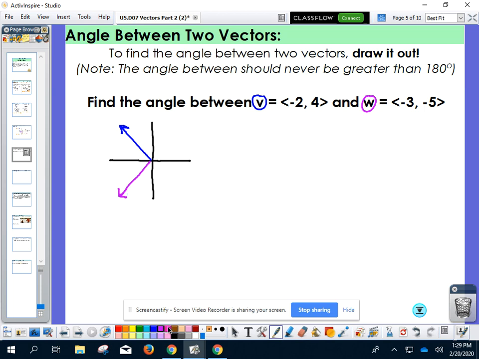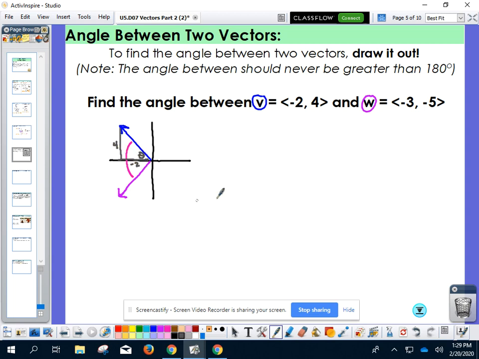So you can see very easily that the angle between is going to be this particular angle that I just drew in. How we do that is we separate it just like we did with direction angle. We're going to make some triangles. So the base of that triangle in the second quadrant is -2, and the height is 4.